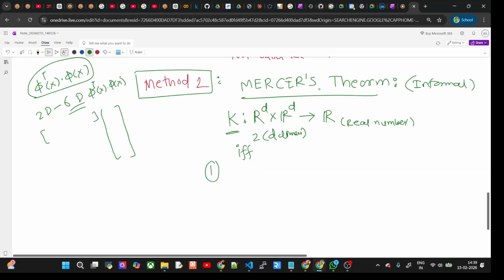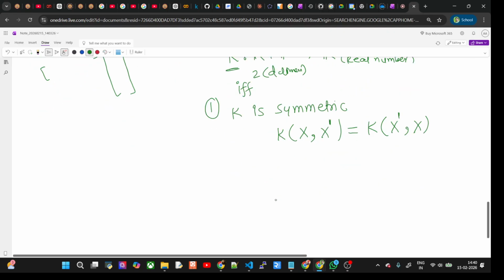as per Mercer's theorem, the kernel k is valid when k is symmetric. When k is symmetric, it means k of x comma x transpose is nothing but k of x transpose comma x.